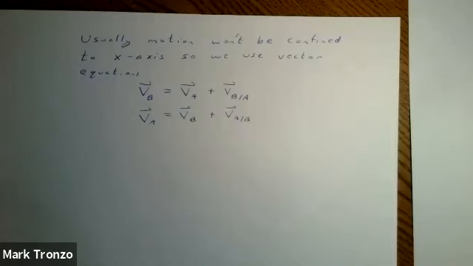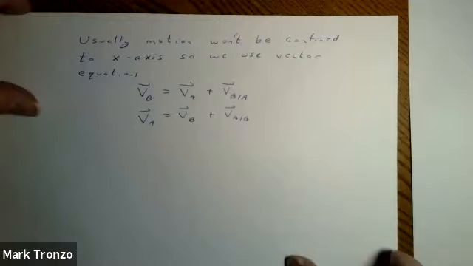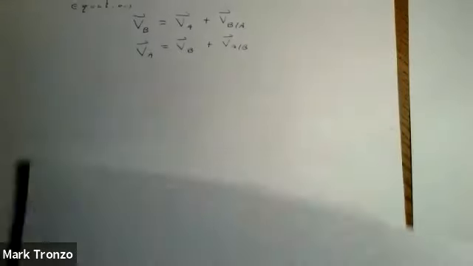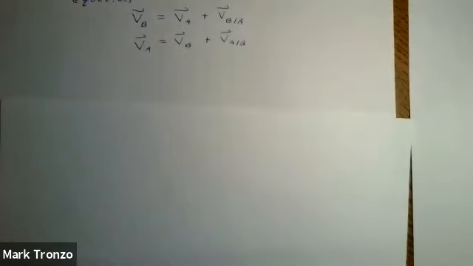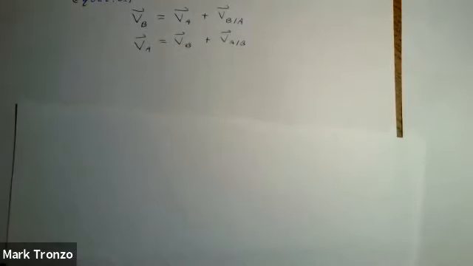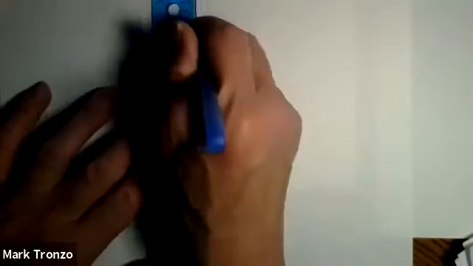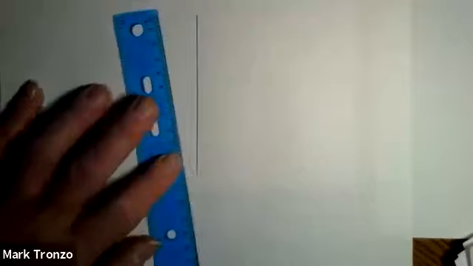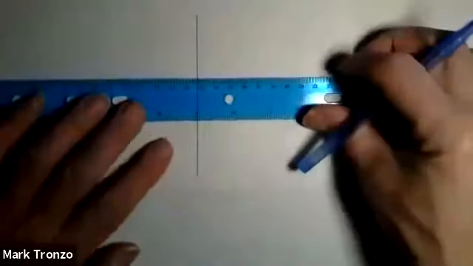So let's take a problem from the book here. This may or may not be from the book, so let me just write it down. Let's say you have two cars. This time, the cars are not both going horizontally, but one will.